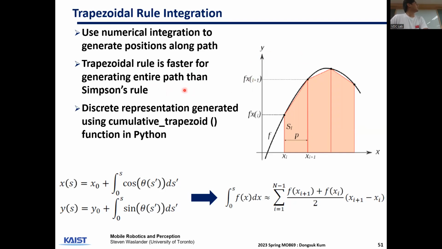This trapezoidal rule is faster for generating entire paths than the Simpson's rule. You can create a function, a cumulative trapezoid, where you can discretize the representation generated using the trapezoidal rule integration. Here you approximate the integrals into this form, the trapezoidal form.